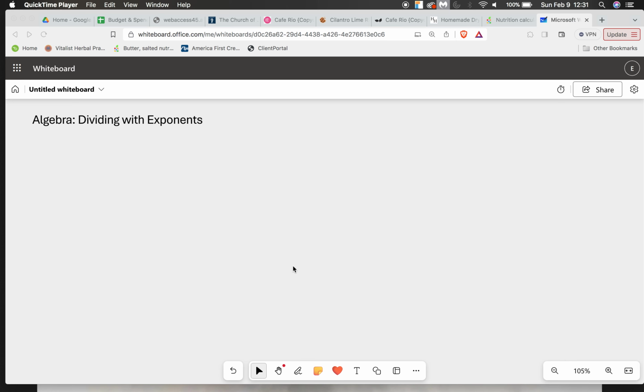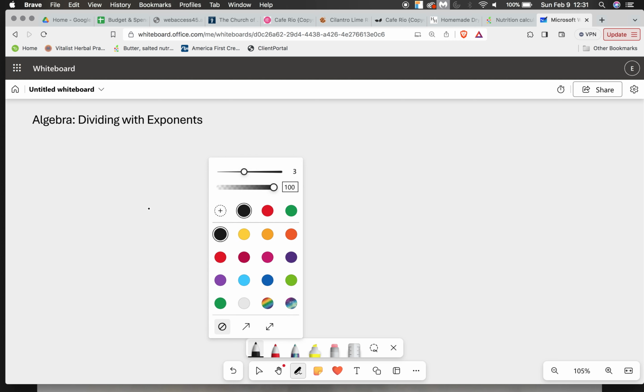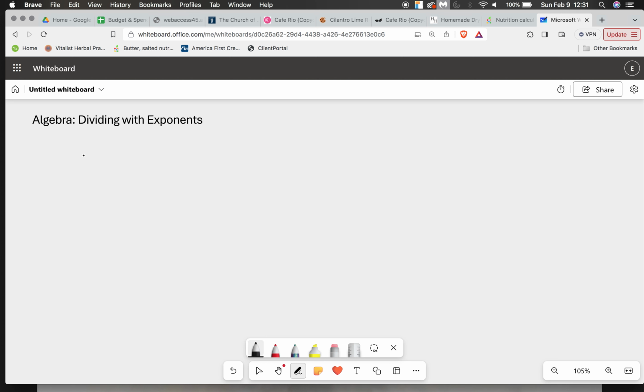So remember that when we were multiplying with exponents last lesson, let's say we had this problem right here. We have x to the power of 5 times x to the power of 2, or x squared is another way to say that one. And what does that equal? Well, remember when we're multiplying with exponents that all we have to do is add up the exponent numbers.